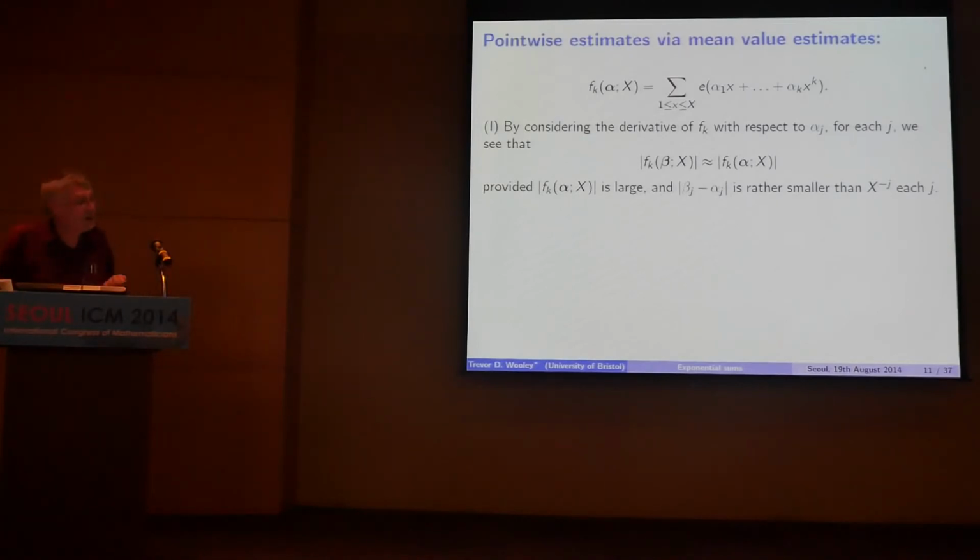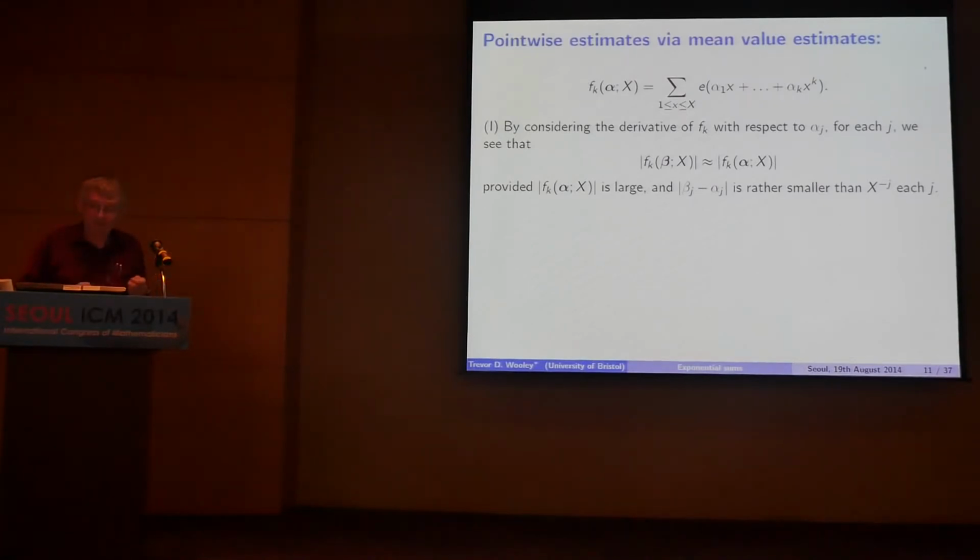What we know about estimates for mean values of this exponential sum, and what we'd like is to estimate the exponential sum for a fixed value of alpha 1 up to alpha k, these coefficients. One observation is that if you choose some other k-tuple of coefficients, let's call them beta 1 up to beta k, and the betas are all very close to the alphas, then the exponential sum doesn't change much in size. This is basically the same argument as I gave when I was giving the lower bound.